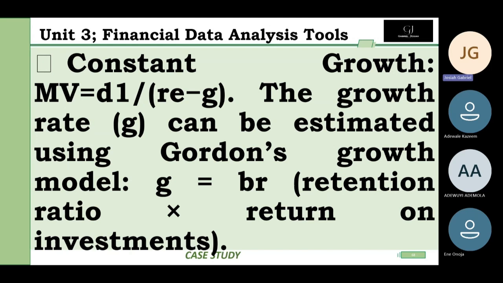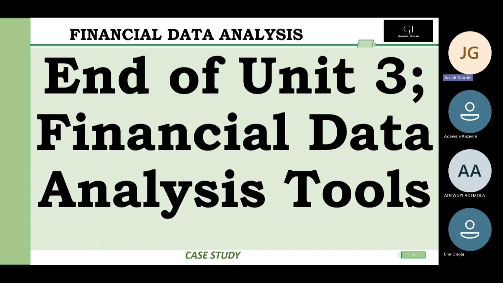There's also the Modigliani and Miller model. Gordon's model looks at the growth, which is the retention ratio times the return on investments. I think the examiner has tested this once, in that same November 2014 paper, where Gordon's model was tested to value a business.